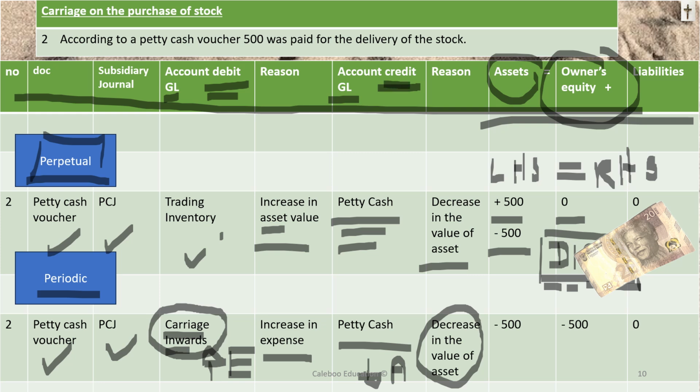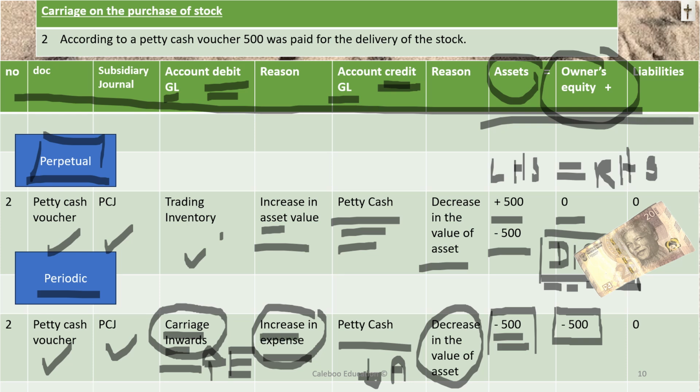Now the effect on the accounting equation is the same underneath assets with regard to petty cash, because the value of the asset decreased by 500, and now there was an increase in expense because of carriage inwards.